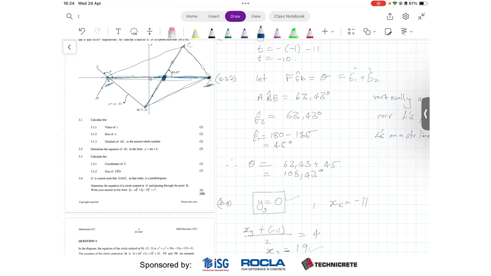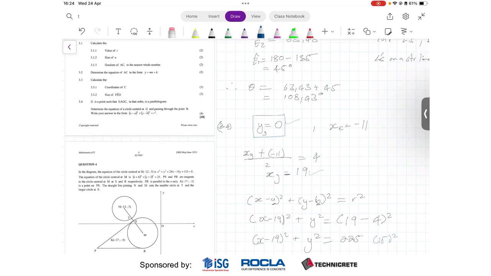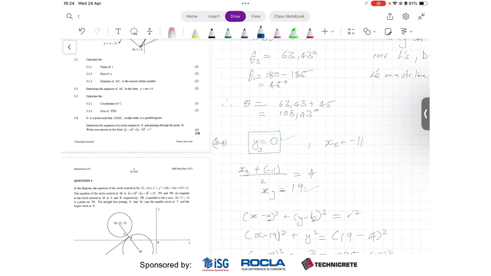Because it is a common midpoint, the x-coordinate of point B is the midpoint of the x-coordinates of the line EG, which is why you have xG plus negative 11, divided by 2, is equal to 4, where 4 is the x-coordinate of the midpoint, negative 11 is the coordinate we know, which is the x-coordinate of E, and dividing by 2 shows that we are taking the midpoint.